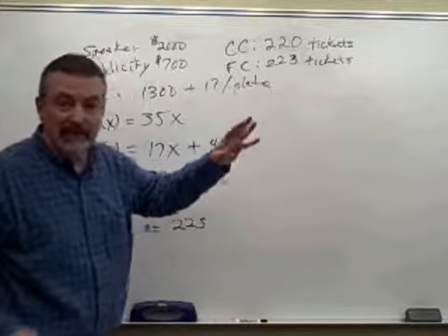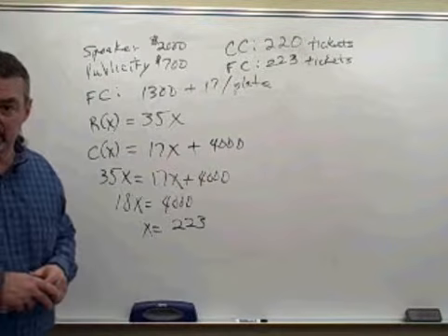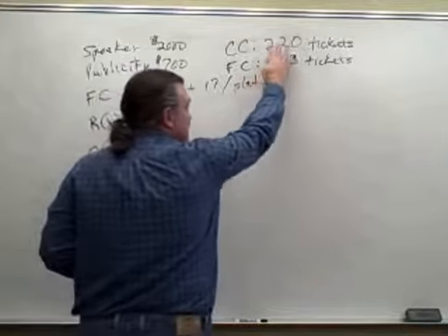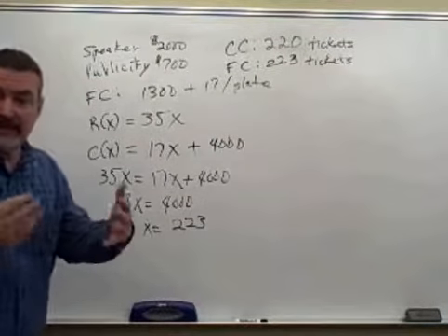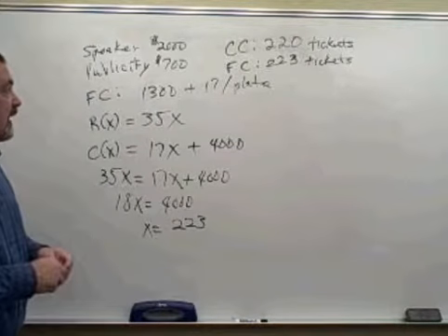But we would lose money if we went to the Farrell Center, because it would take us 223 people to break even at the Farrell Center. But once we get beyond these numbers so that we are breaking even at either location, then we have to start looking at profit.